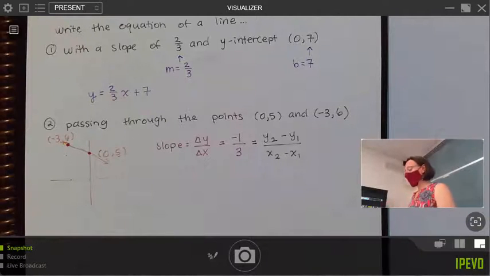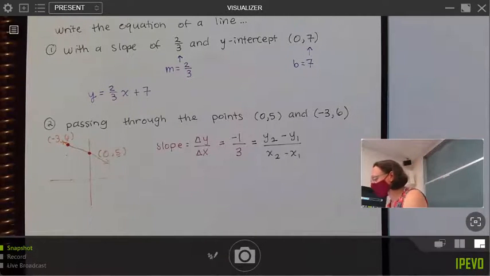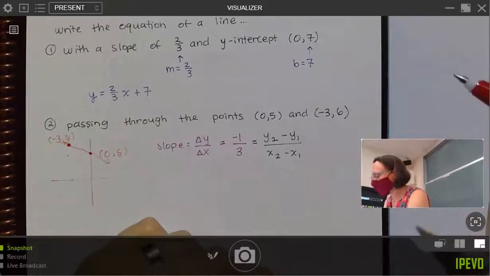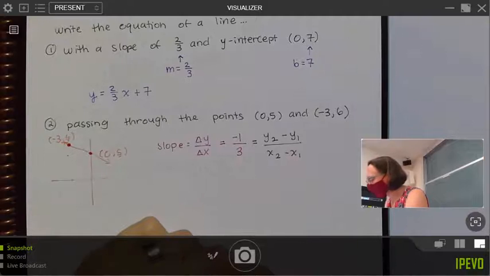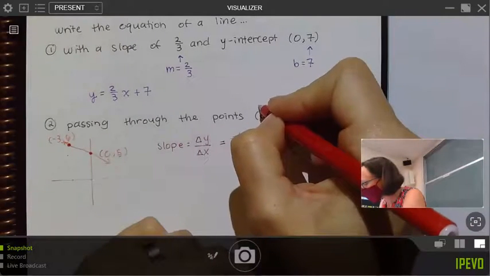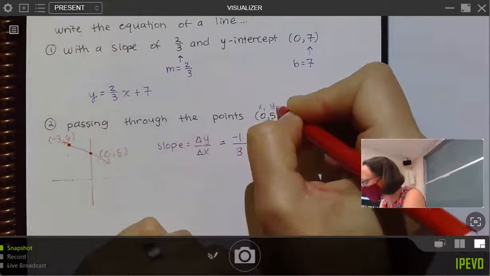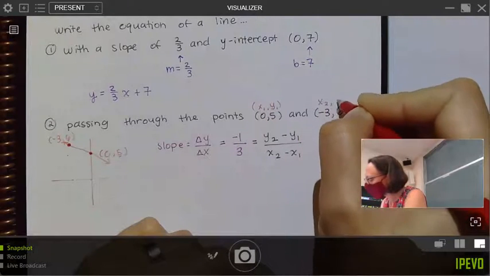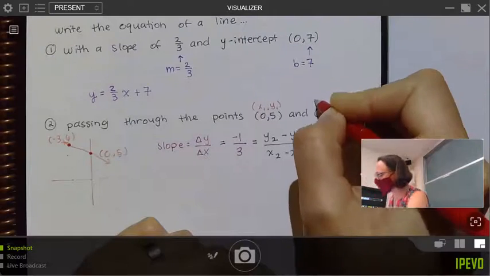The secret thing that's happening there is that we declare one of our points to be the first point, and it doesn't matter which one we pick. To be consistent with what I wrote over here, let's call this x1 comma y1 and x2 comma y2.